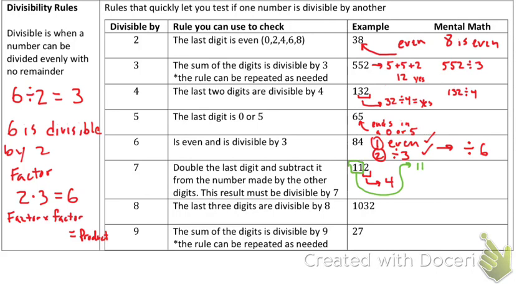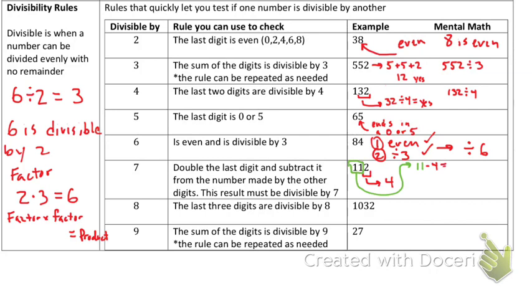Okay? So what you have to do to figure out if this is divisible is take the digits that you have left over, which in this case is 11, and then subtract 4 from it, which we got by doubling the last digit.